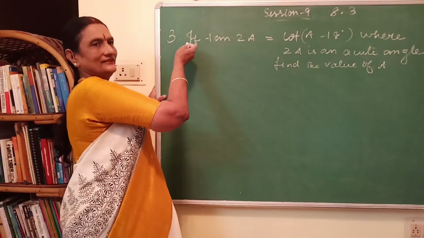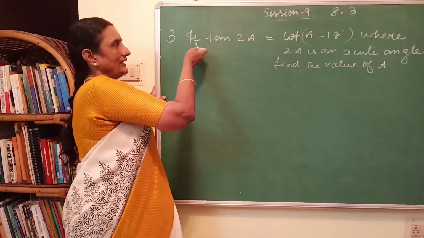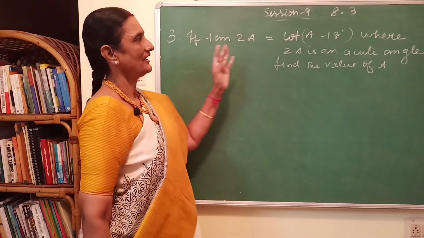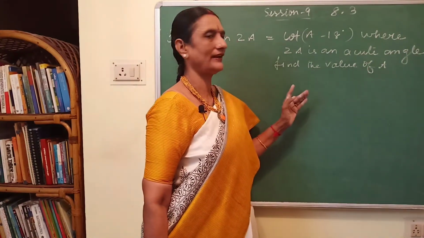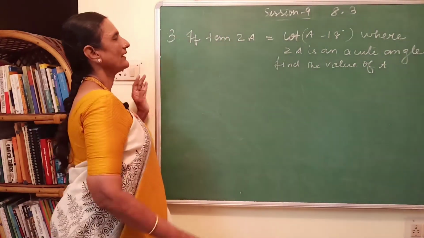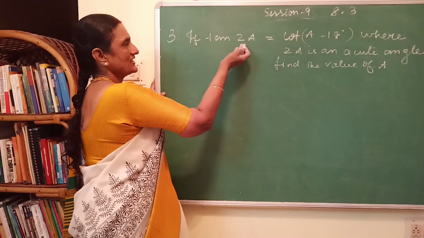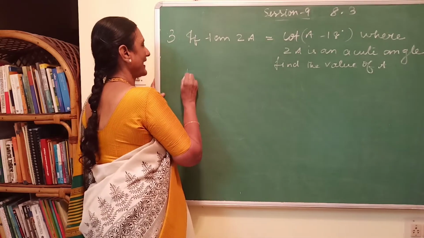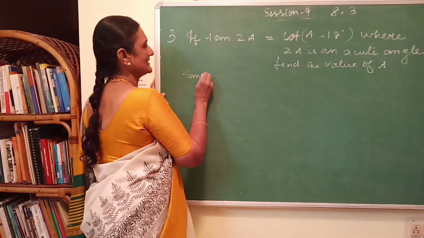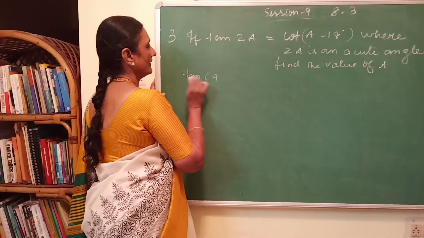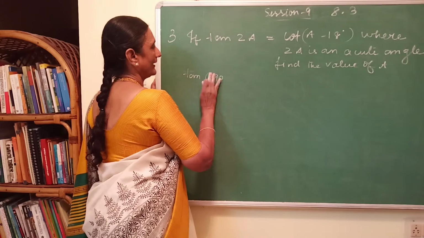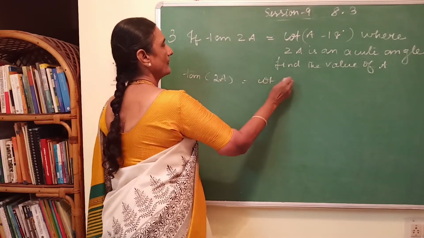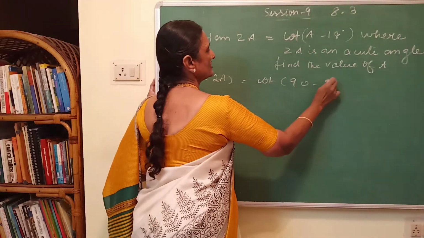Let us take the third sum. If tan 2a is equal to cot of a minus 18 degrees, where 2a is an acute angle, find the value of a. Now, tan 2a is the cot of its complement. So, I am rewriting tan 2a as cot of 90 minus 2a.